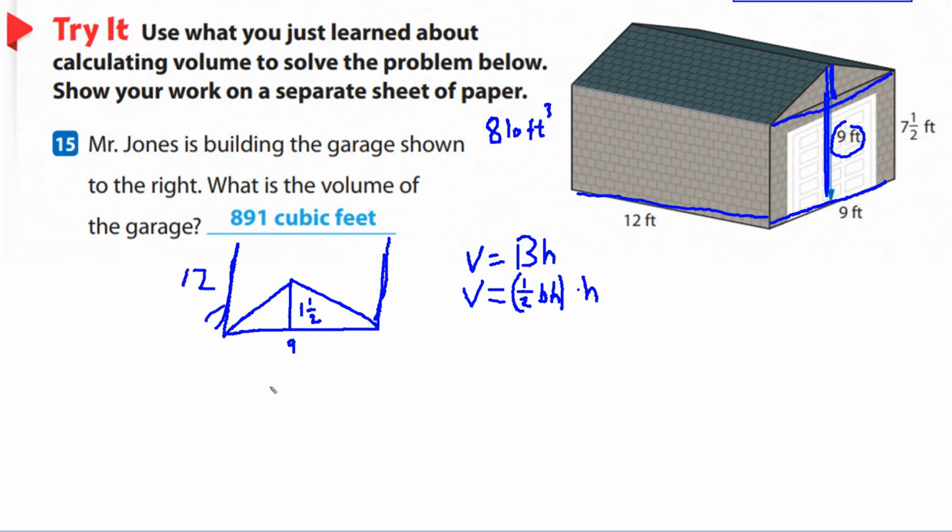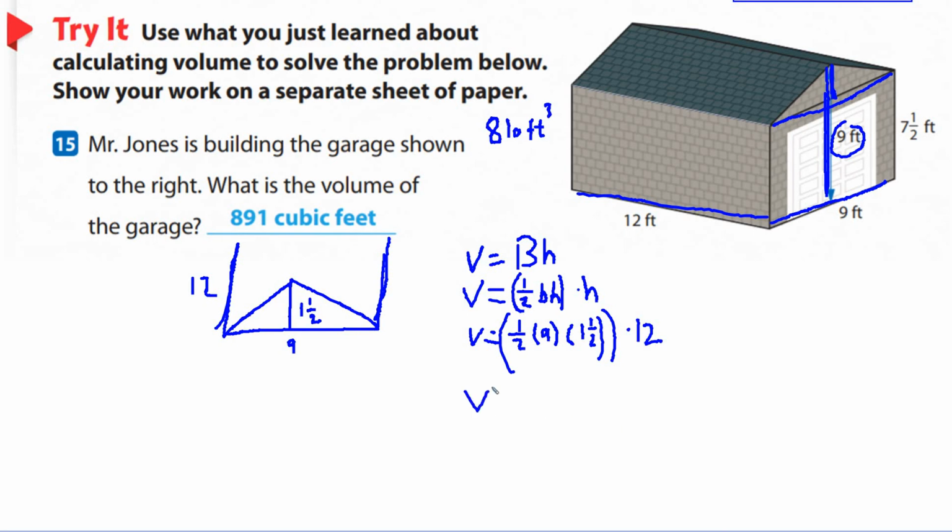So let's do this out. Volume equals 1/2 times base, which is 9, times 1.5. Okay? That's inside. And then times 12.